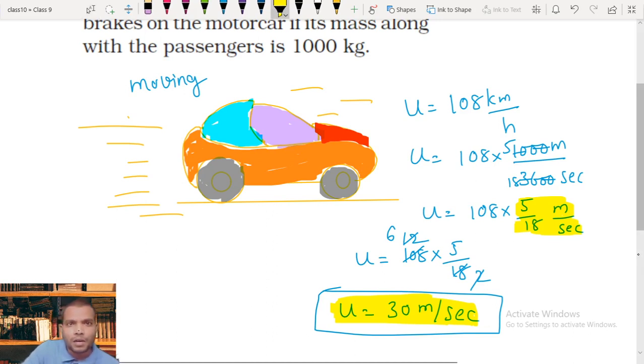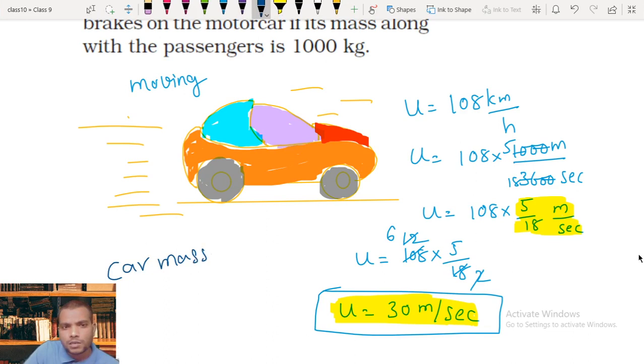Now the mass of the car is given, car mass equal to 1000 kg.